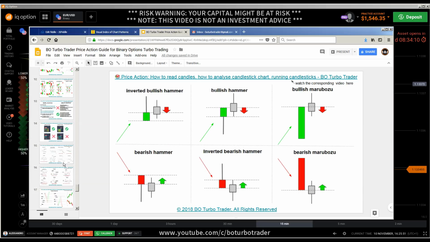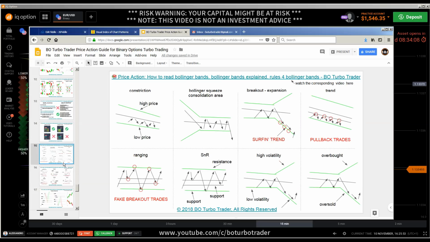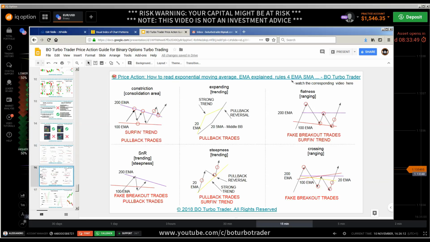Here I explain what the Bollinger squeeze, breakout, and so on are telling you about the price. The same is valid here for the EMAs, where I try to show you what this means.